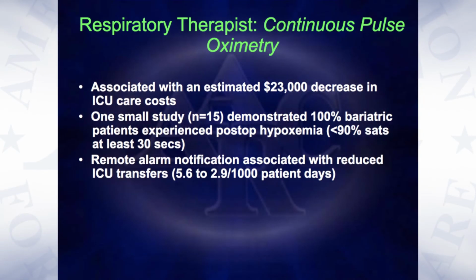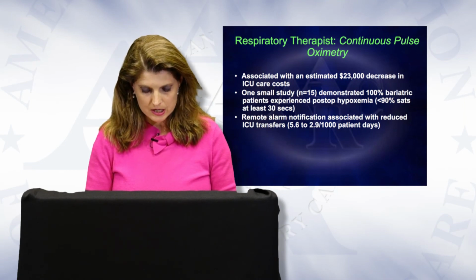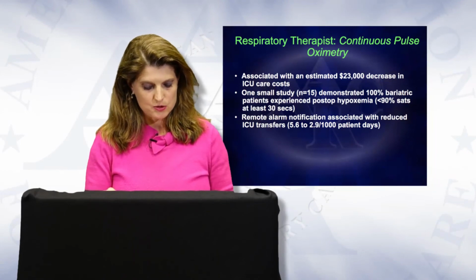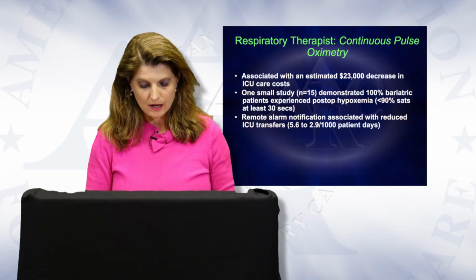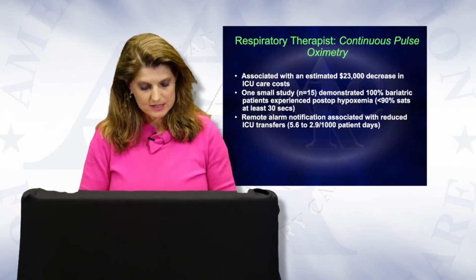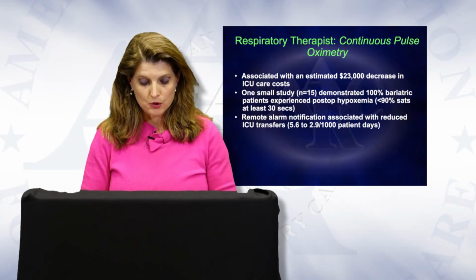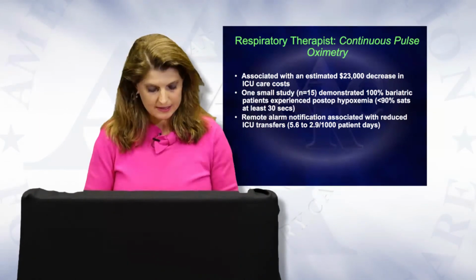A 2006 study by Orrick and colleagues demonstrated that the implementation of continuous pulse oximetry monitoring had beneficial effects on the timing and reasons for ICU transfers, such that there was a significant decrease in ICU stay duration, and thus a decrease in the cost of ICU care. In this patient cohort, the estimated cost of ICU stay was approximately $23,000 less when compared to patients who did not end up in the unit.